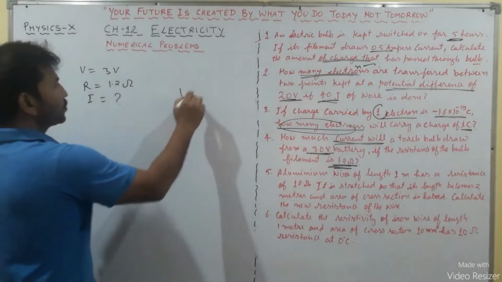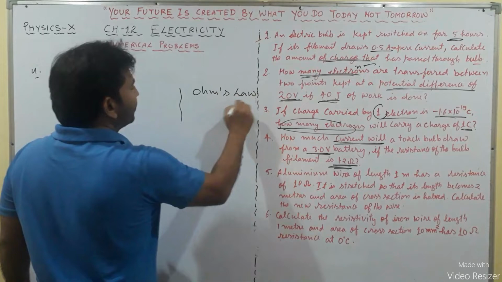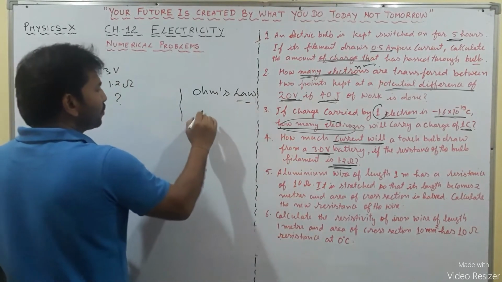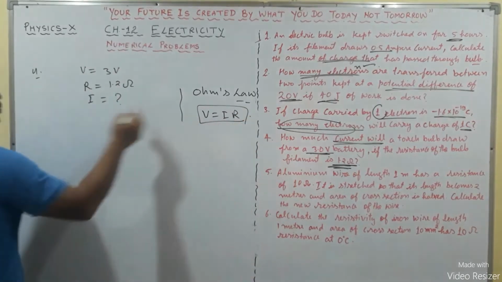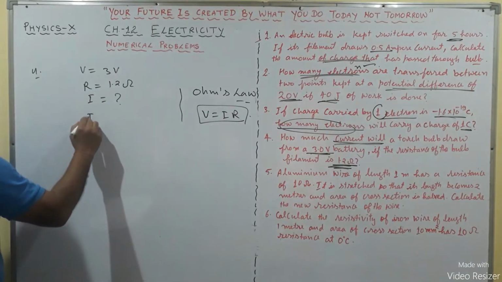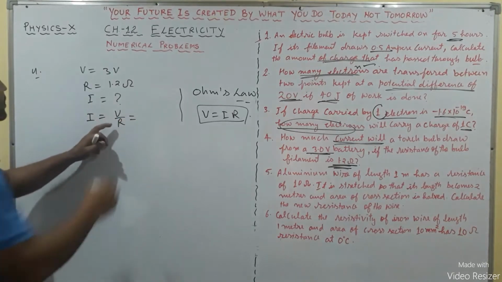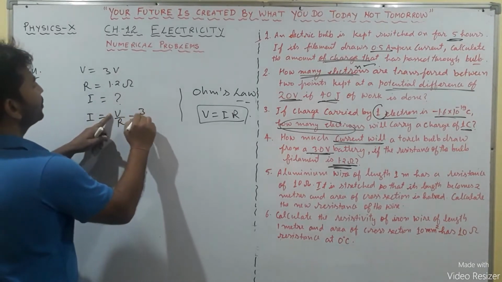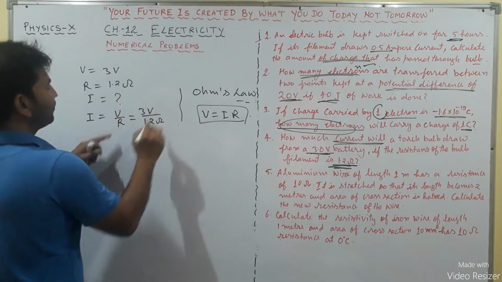So we will use Ohm's law here. And what is the mathematical relation of Ohm's law? V is equal to I into R. So by using this formula, I is equal to V upon R. By putting the values, V is 3 volt and R is 1.2 ohm.